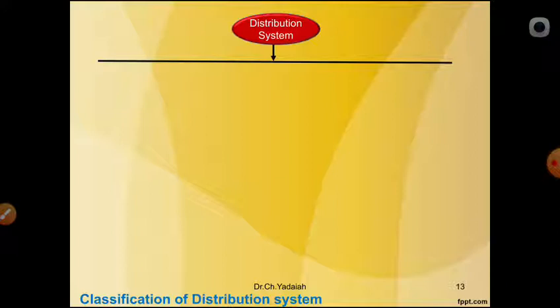The first factor is the type of current, whether you are going to use AC current or DC current. Next is the construction. That means you can give the supply to the consumer by overhead line or underground cable, based on the construction.